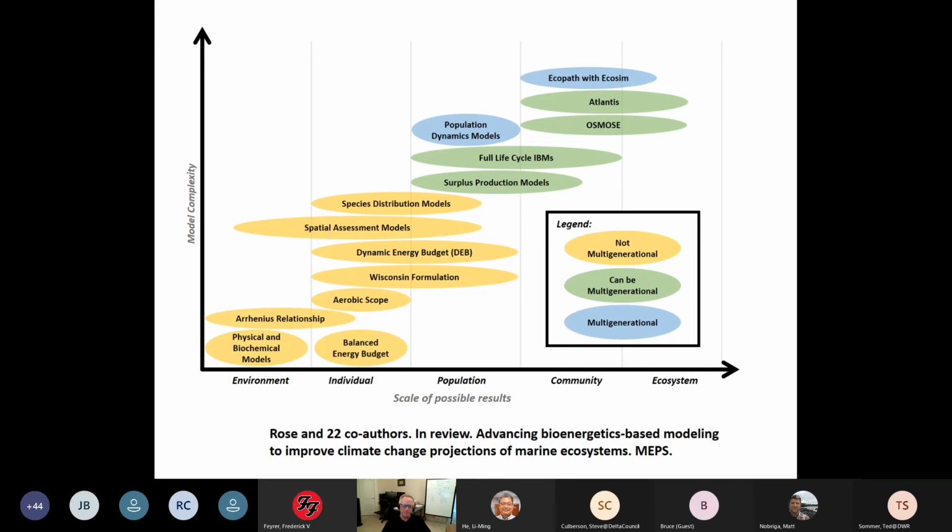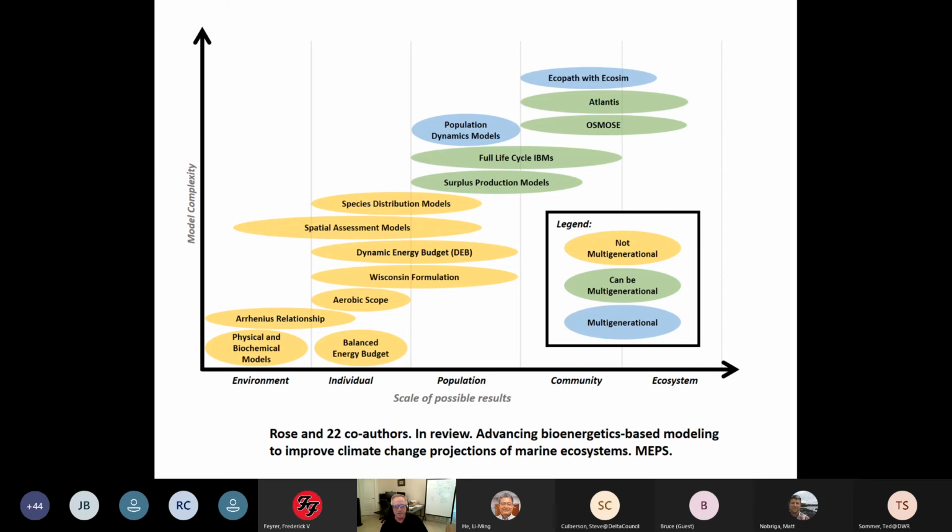And where does this model fit in the universe of possible models? Of course, this isn't the entire universe. On the x-axis, this is from a paper in the Marine Ecology Progress Series about climate change predictions using bioenergetics. On the bottom left are environment and habitat models, then the individual DEB models, dynamic energy budget models.